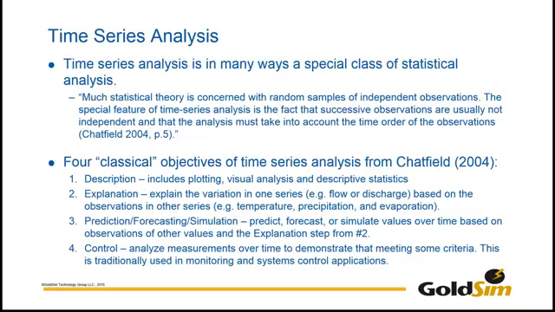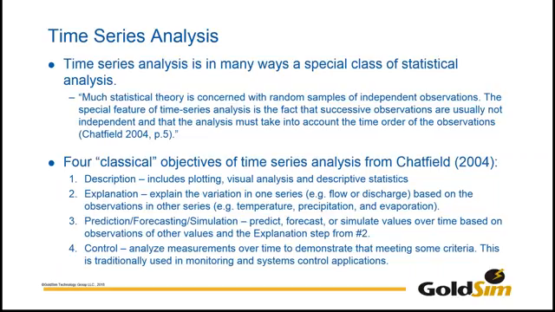A classic example could be variation in precipitation based on observations of temperature and relative humidity or something like that. The prediction or simulation part would then be looking at forecasting or simulating a synthetic time series based on observations made, so based on a data time series or perhaps based on a model developed as part of the explanation of the variation observed in a time series.